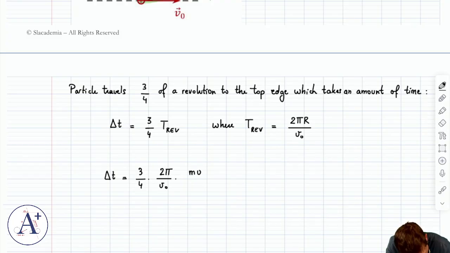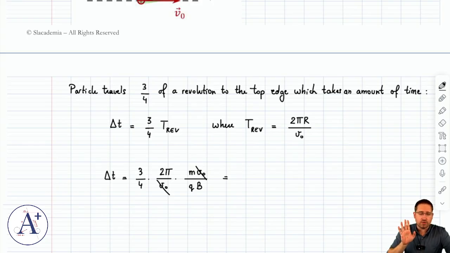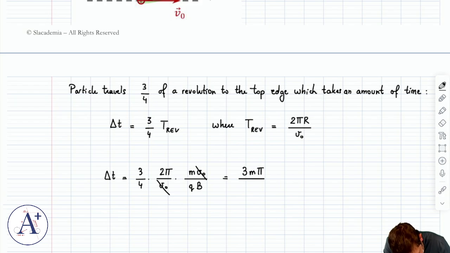I said it's m v0 over qB. Okay, so remarkable property, v0 goes away. So the amount of time does not depend on v0, which is wild. And then I'm going to get 3 m pi divided by 2 qB.